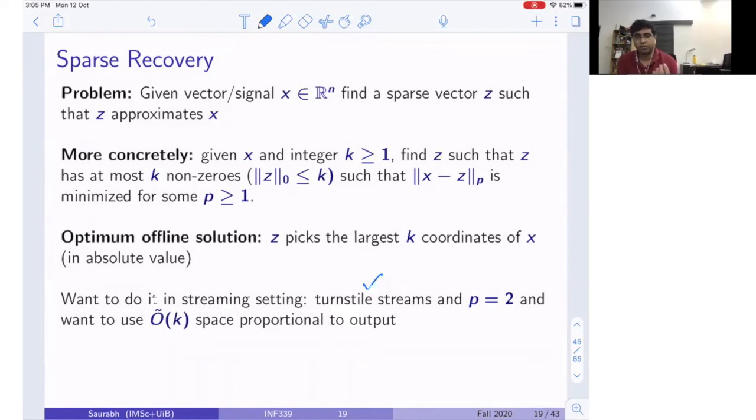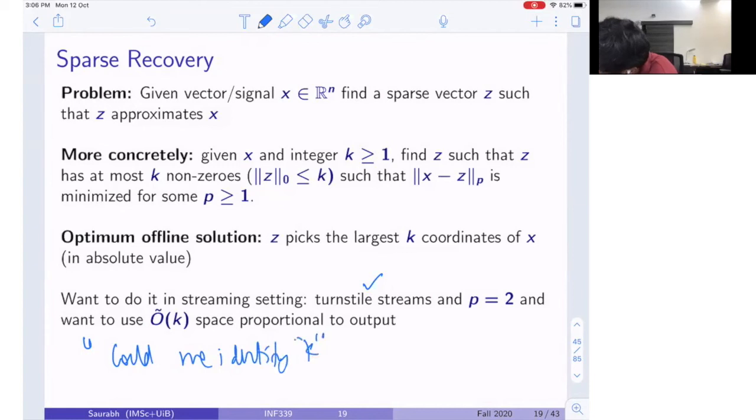So in some sense, I would also like to pick the top k coordinates of this x in streaming. This is my question: could we identify the top k coordinates in streaming?